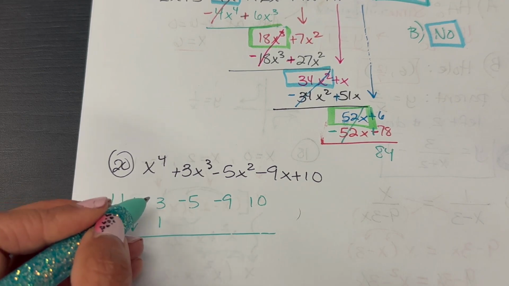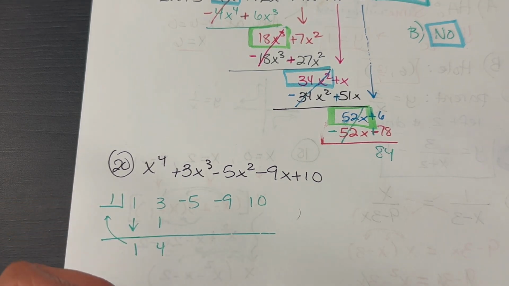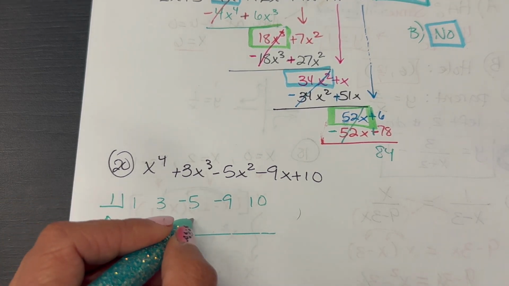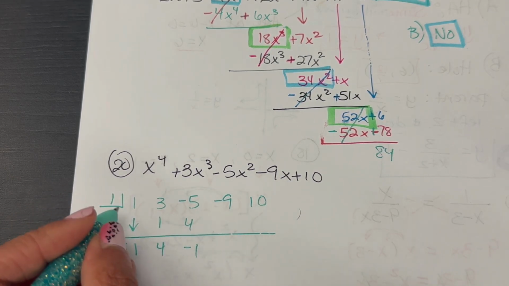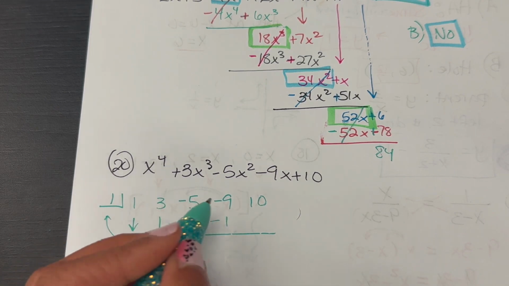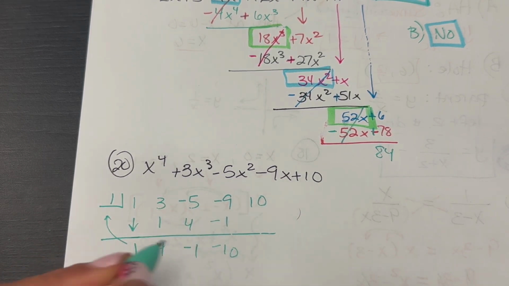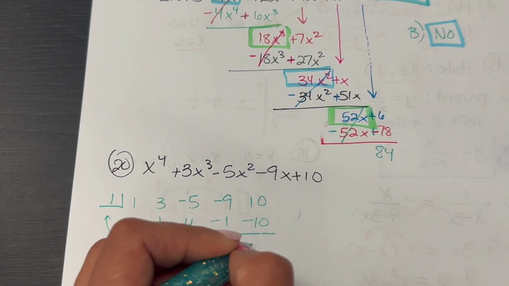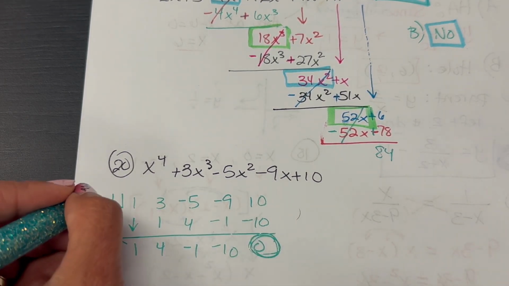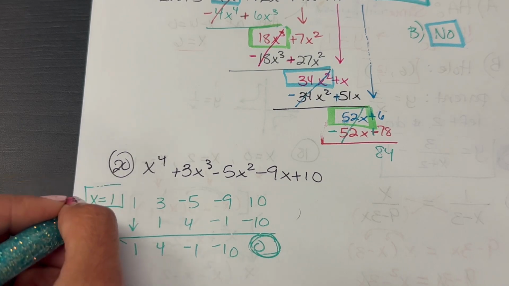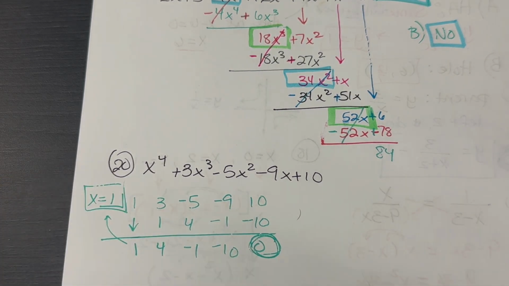Then you add down, 3 plus 1 is a 4, and then you do it again. 4 times 1 is a 4, -5 plus 4 is -1. -1 times 1 is -1. -9 minus 1 is -10. -10 times 1 is -10, and we get the 0 that we want. This is what we want. That means that x equals 1 is a root. You can select that from the first drop-down menu.